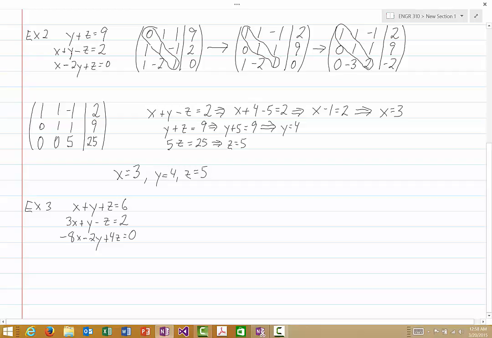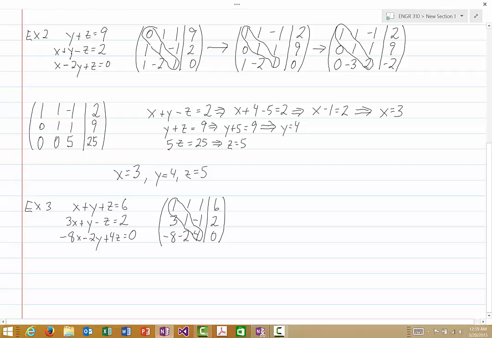So if we write our augmented matrix here: 1, 1, 1, 6, 3, 1, negative 1, 2, and -8, -2, +4, 0. Here is our main diagonal.